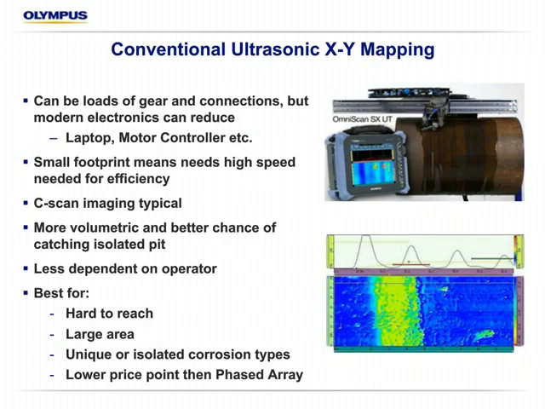We talked about most of this already, but key points: that small footprint means, in order to be a really efficient NDI technique, if we want to cover large areas like storage tanks and vessels, we have to move at very high speed. Typically the imaging we're seeing there is a thickness C-scan as shown here. It is really good that we can get very high resolutions. Typically they're set up for about 1 millimeter by 1 millimeter volumetric resolution.